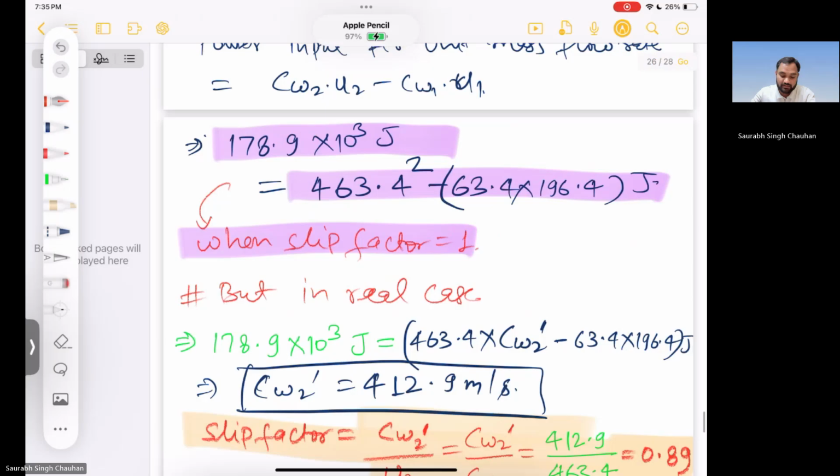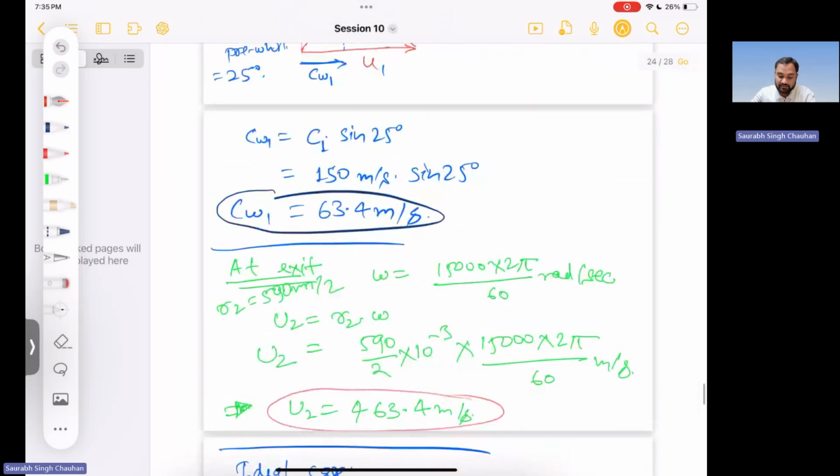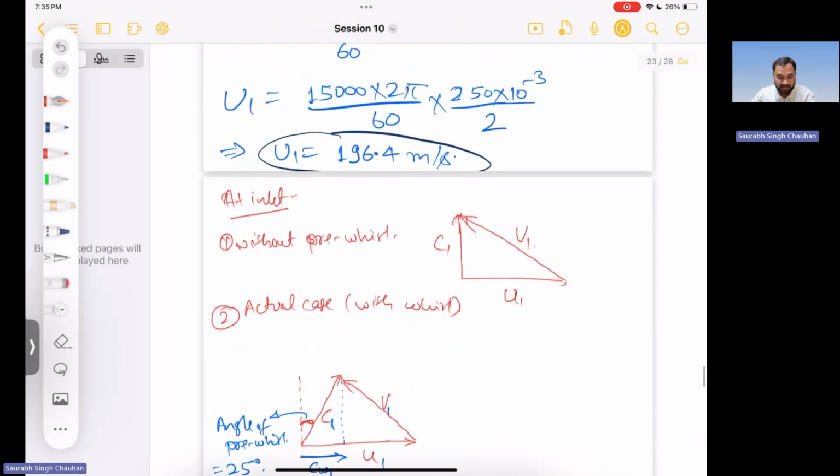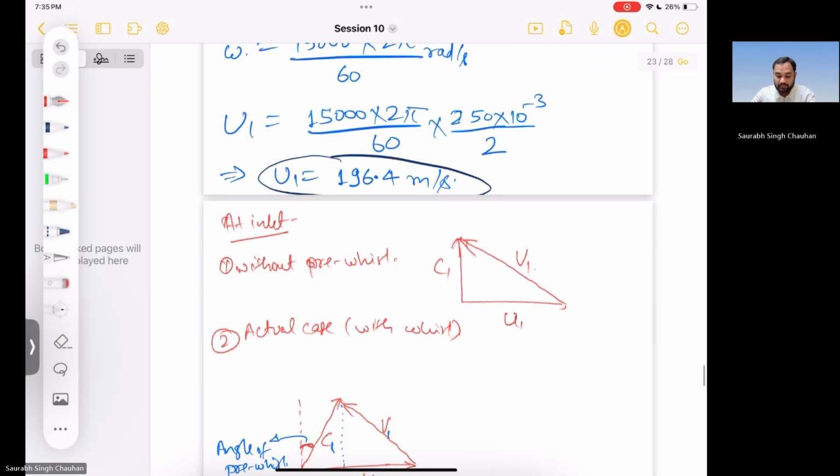The only thing is that you should know how to make the velocity diagrams. How do you make the absolute velocity vector? How do you make the relative velocity vectors? These are very important points.